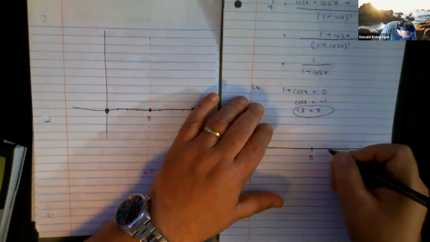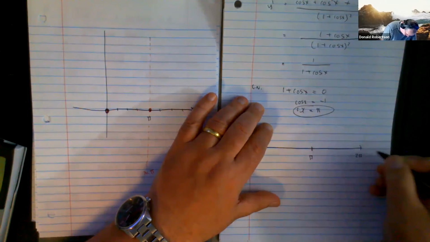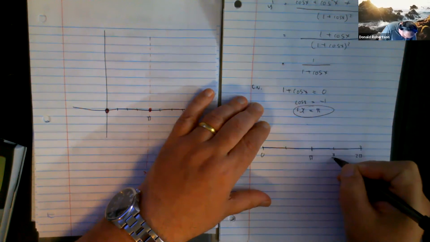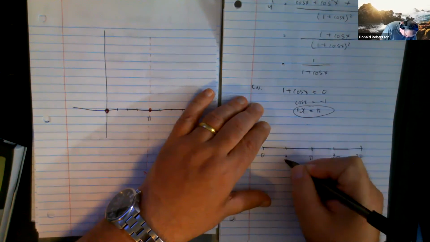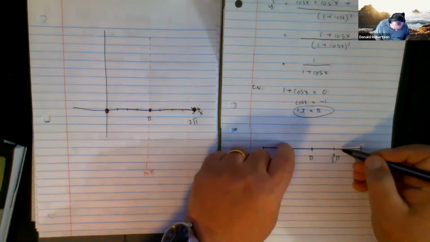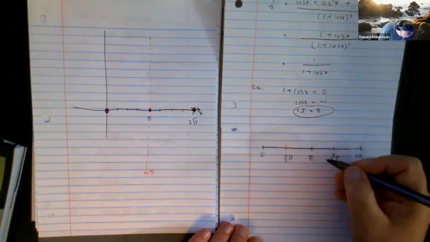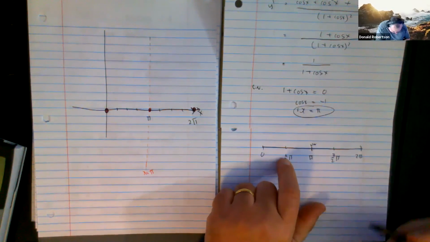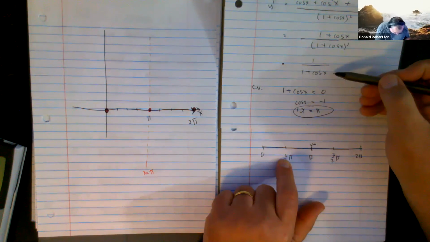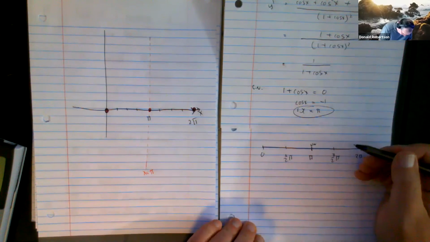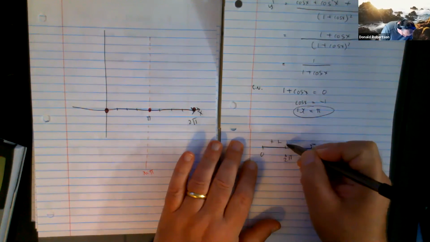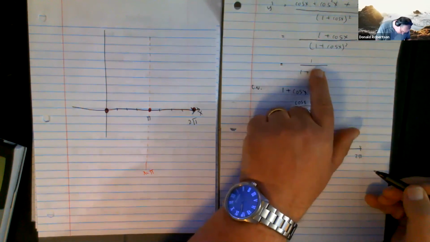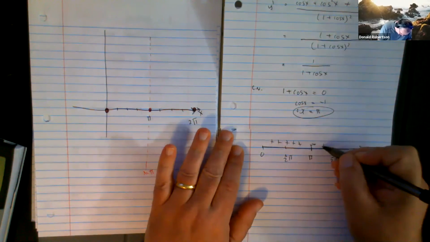I'd better be a little more careful about my choice of test points. Boom and boom. So at this point, it's undefined. If I pick a half pi and plug it in here, the answer is positive. And if I use my test point 3/2 pi and plug it in here, the answer is positive.